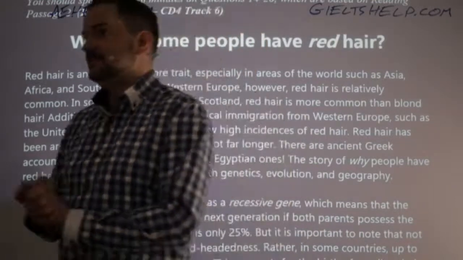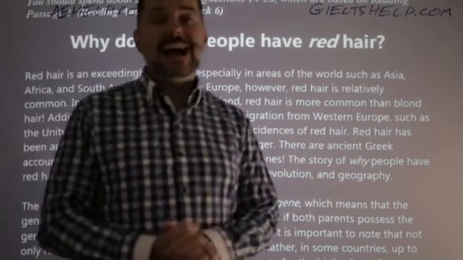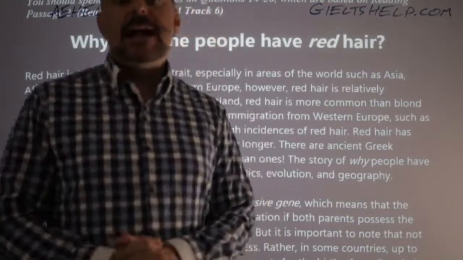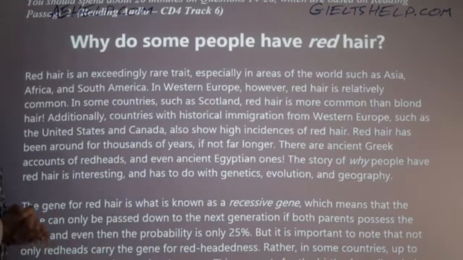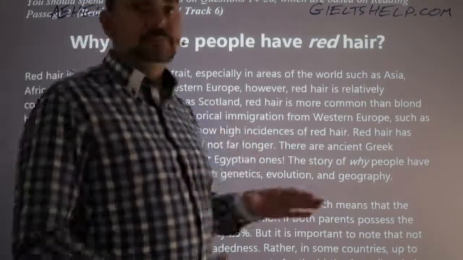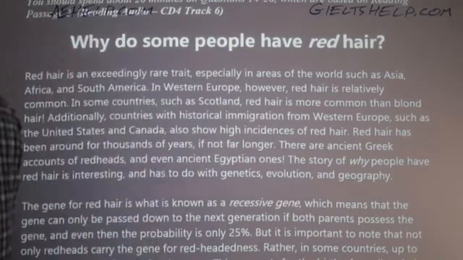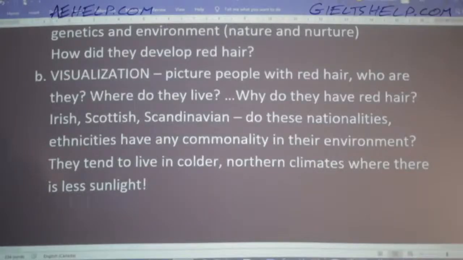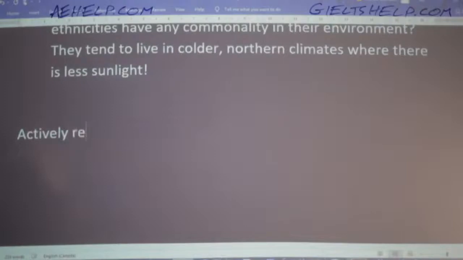Okay? All right, so reading the passage, you have to be active in your reading. Active means that you really pay attention to the information. You pay attention to the structure of the information, and you continuously check your understanding. Okay? So actively read the passage.